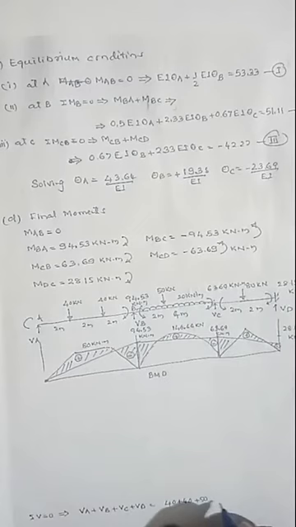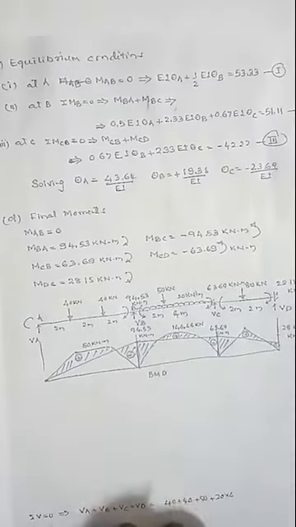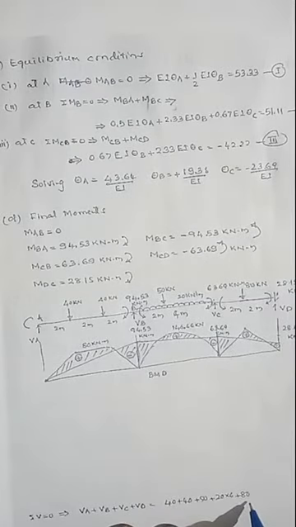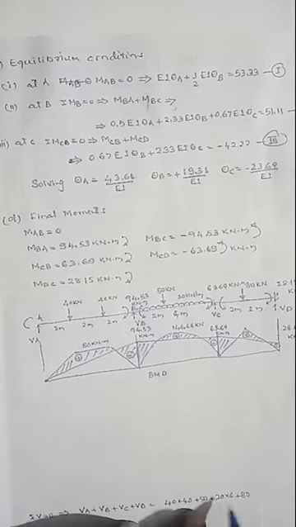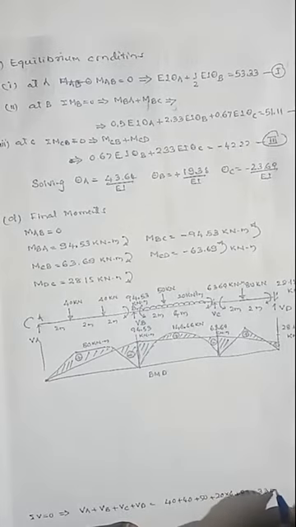Then 20 into 6, then this one is 80, 80 plus 80 is 160, 160 plus 50 is 210, plus 120, that is 330 kilonewton. This one is equation number 1.